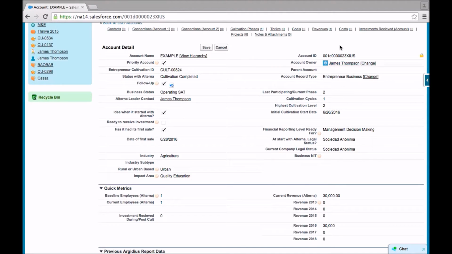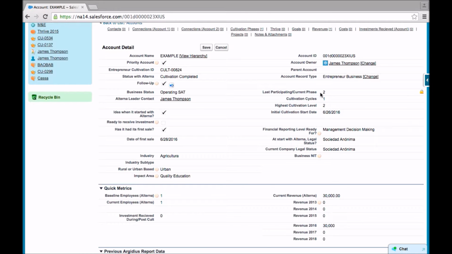This is just organizational Salesforce data, including, and this is probably what's most important to you, the record type. This information is all over the cultivation phase. So really quickly, the last participating current phase: we have phase 1, phase 2, and phase 3, which stand for phase 1, early stage, phase 2, advanced stage, and phase 3, resource activation stage.